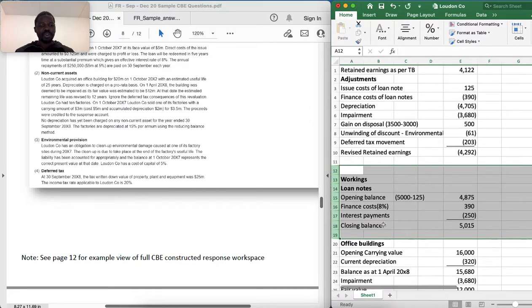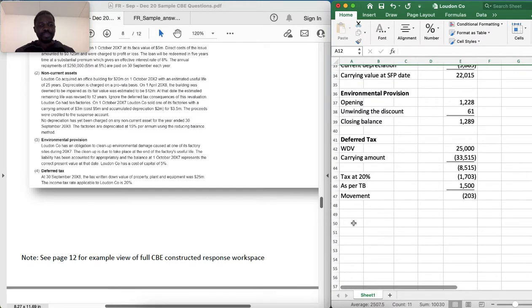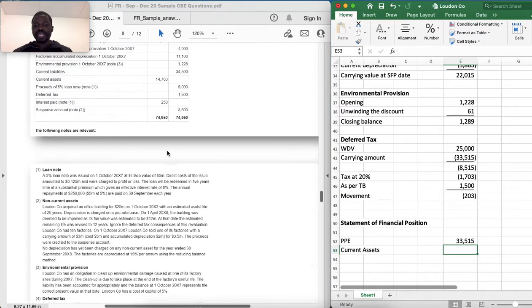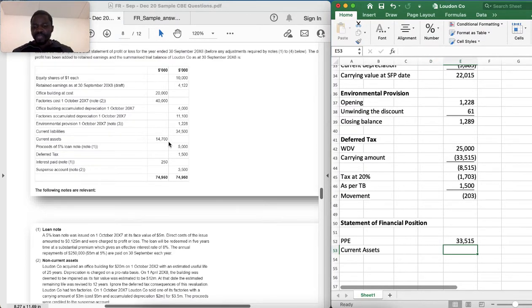Now let's quickly go to the statement of financial position. We have got PPE. We already have that figure here, 33,515. We have got current assets. The current assets, we will take them from our trial balance, is 14,700.